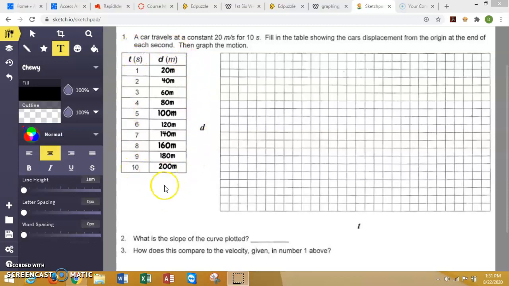So if I look at my time, all this data needs to be on this axis, right? My data is essentially starting at 0 and going to 10. So I have to have an even, consistent way to start here at 0, and then over here I need to have essentially 10.